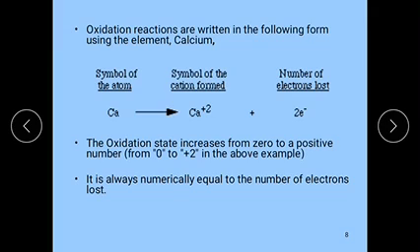In the ionic state, Na plus, the oxidation number is plus 1. In that reaction also we observe the oxidation number increases from 0 to plus 1. The oxidation state in metals always increases from 0 to positive value.